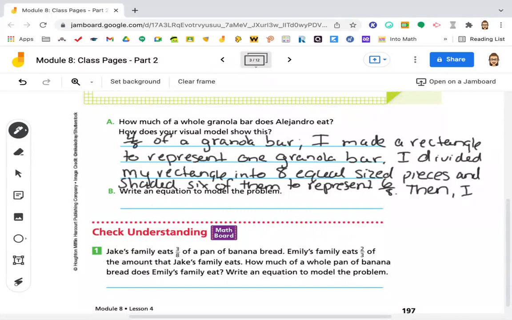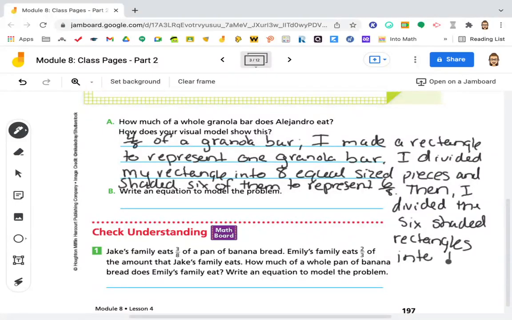Then I divided the 6 shaded rectangles in 2/3.